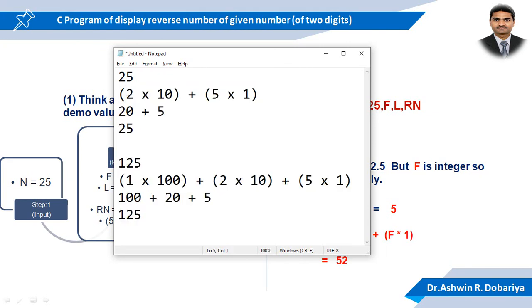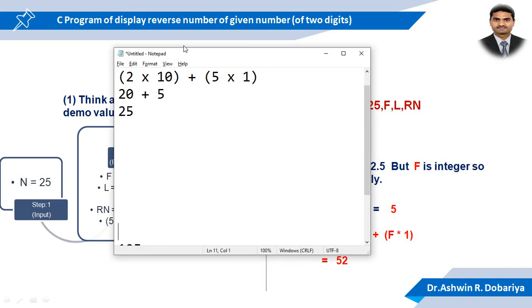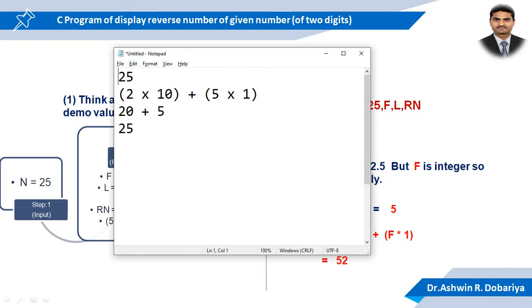Now if we consider this program, our input number is 25. This 25 is formed with the first digit multiplied by 1 and the second by 10. Now if we want to convert it to reverse, like 52, what do we have to do? The first digit, 5, we multiply by 10, and the second digit, 2, we multiply by 1.